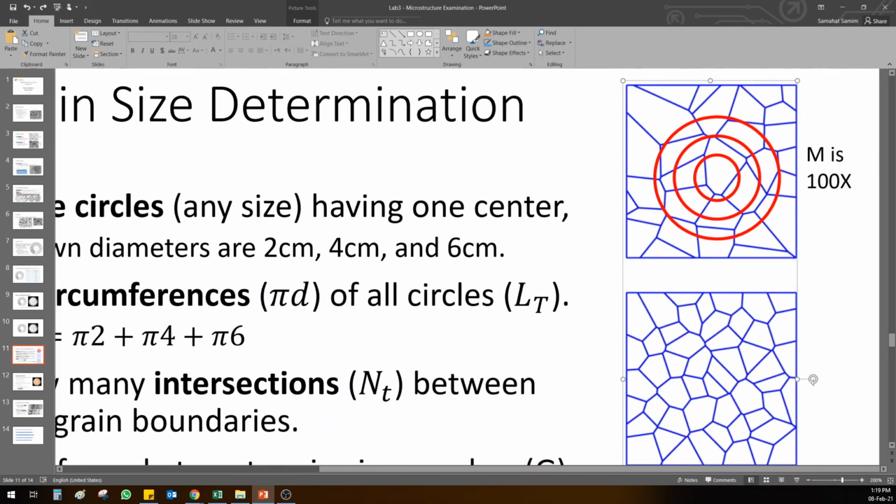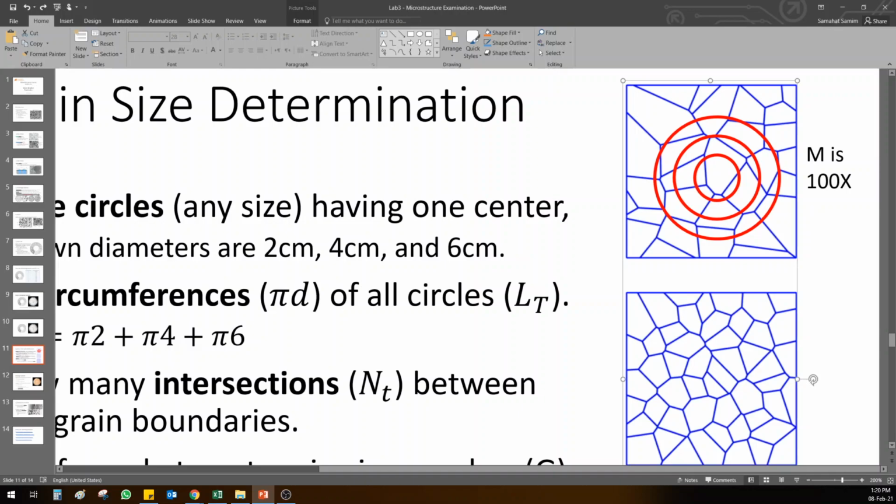In this case, if you can see, my circle is intersecting the grain boundary here. So point number 1, 2, 3, 4, 5. So the first circle is intersecting at 5 points. Let's check the other one. 6, 7, 8, 9, 10, 11, 12, 13.